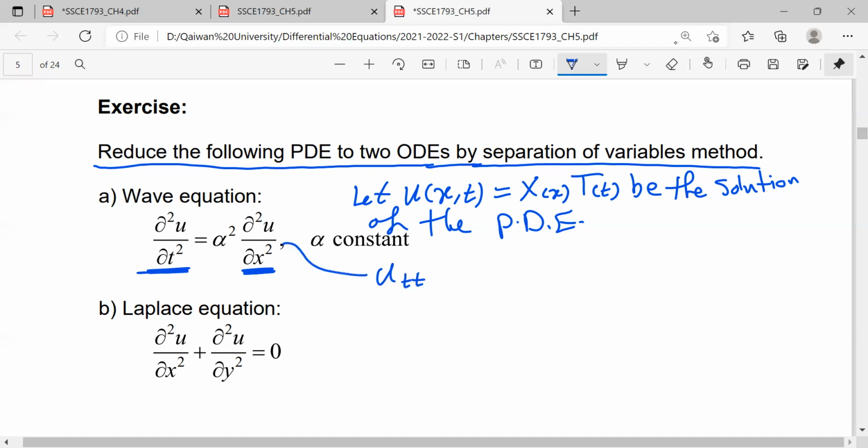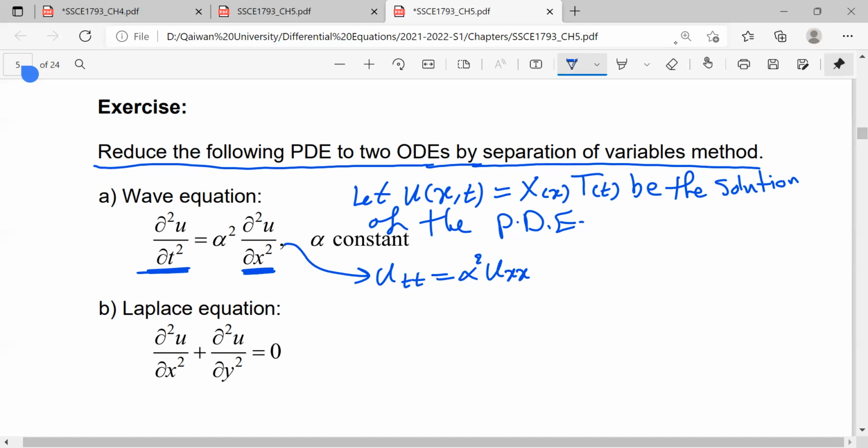Let's first write down the partial differential equation. It's u sub tt equals alpha squared u sub xx. Here we must find u sub xx and u sub tt, then we replace them in this partial differential equation.